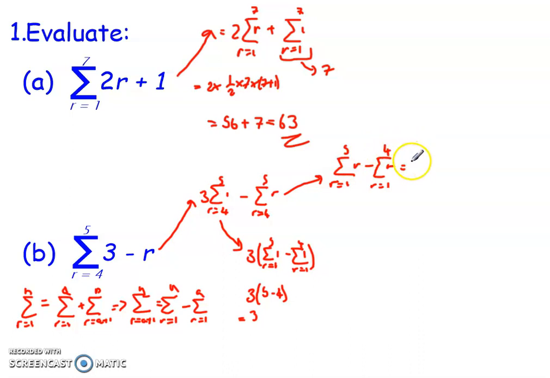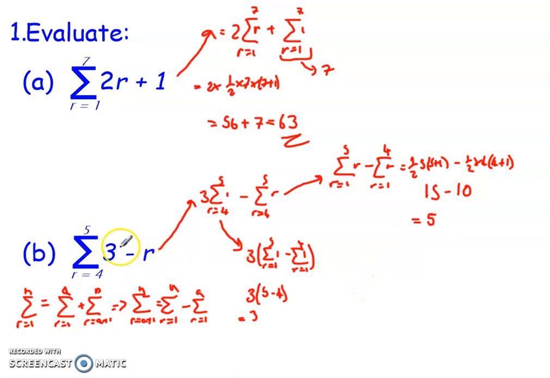So this first one here gives me a half times 5 bracket 5 plus 1. Take away the second one, which is a half times 4 times bracket 4 plus 1. So this first one here, 5 times 5 plus 1 is 30, divided by 2 and I get 15. That's then going to be take away half of 4, which is 2, 4 plus 1 is 5, 2 5s are 10. So 15 take away 10, that's going to equal 5.